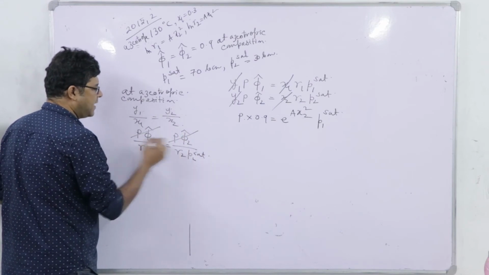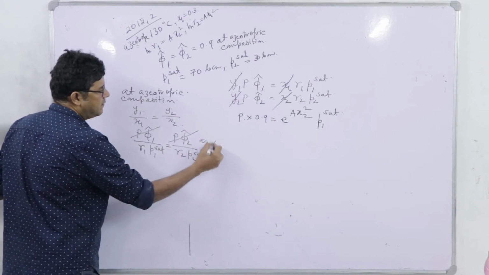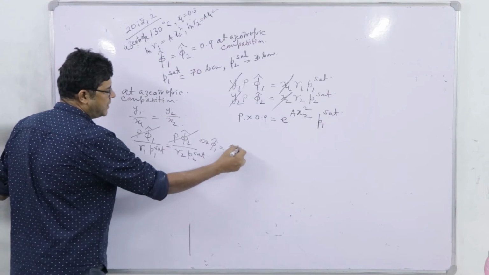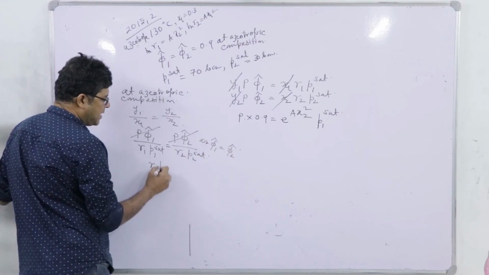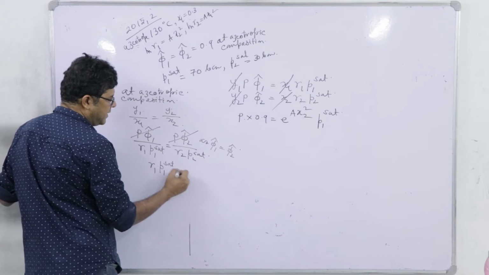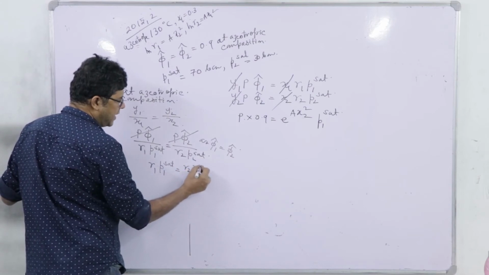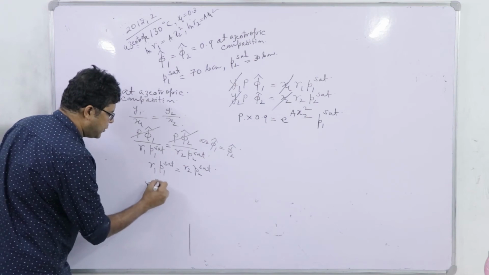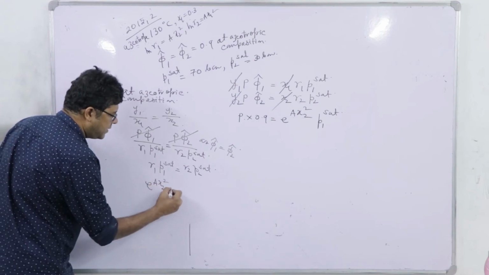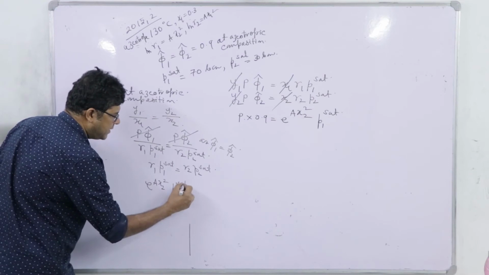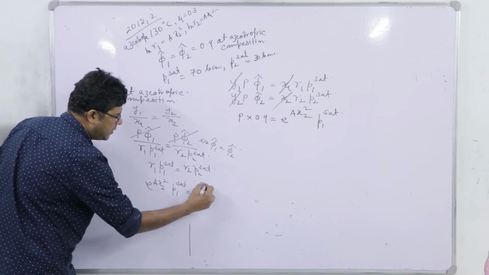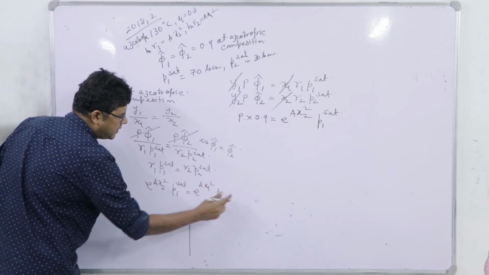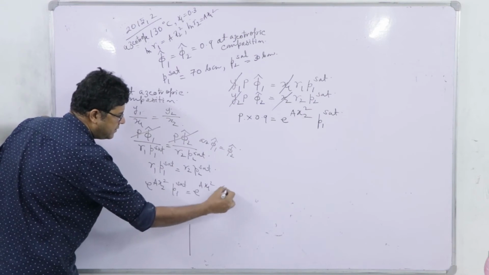So P cancels out, as phi 1 cap is equal to phi 2 cap. So gamma 1 P1 sat equals gamma 2 P2 sat. Right. So gamma 1 is equal to exponential of a x2 square into P1 sat is equal to e to the power a x1 square into P2 sat.